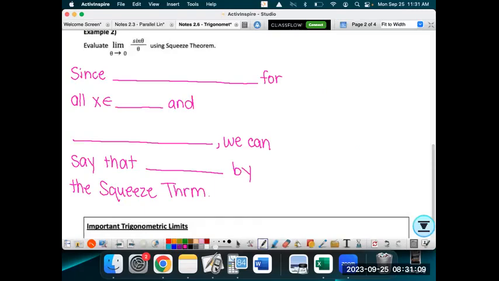All right, so we'll start off with L of x equaling negative x squared plus 1, which is less than or equal to, ooh, theta is my variable, so I need to use theta here.